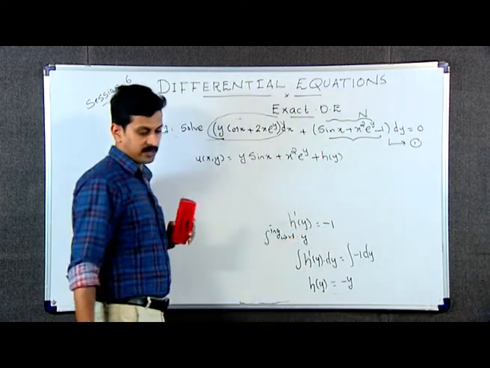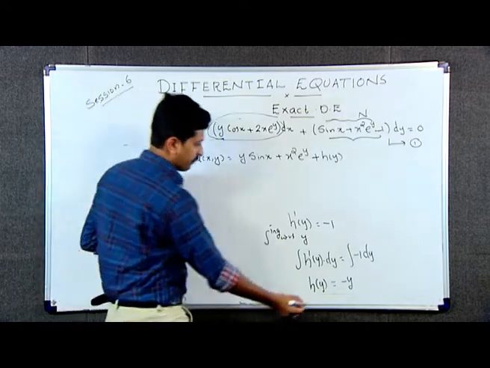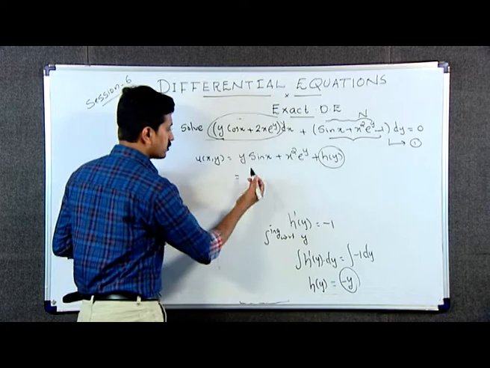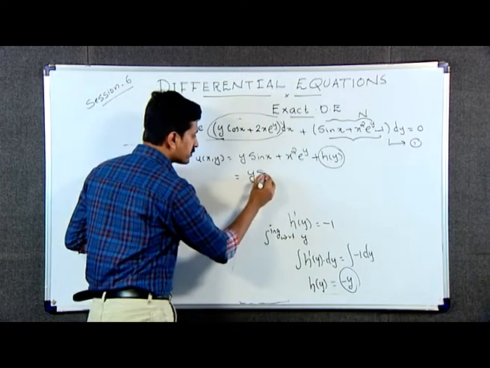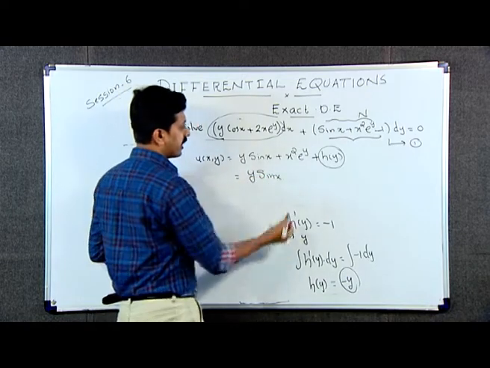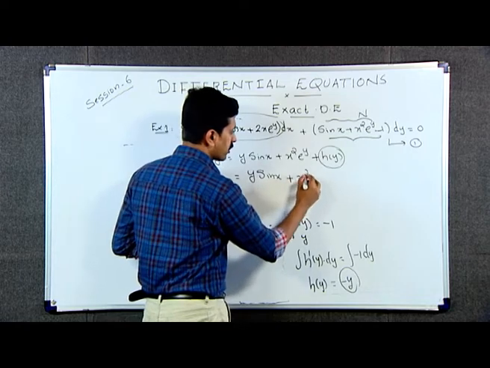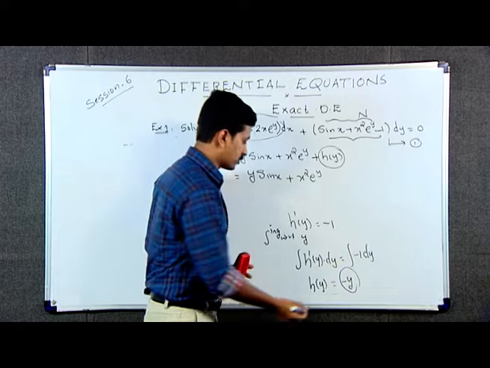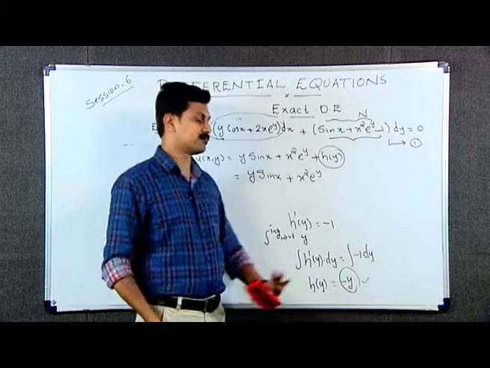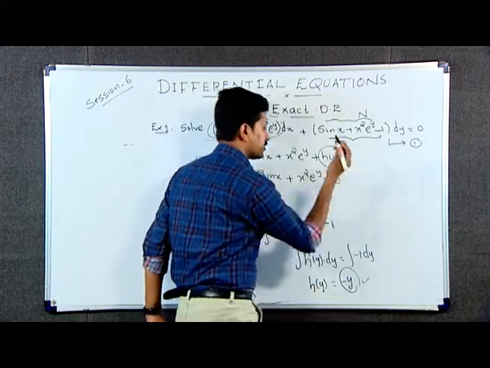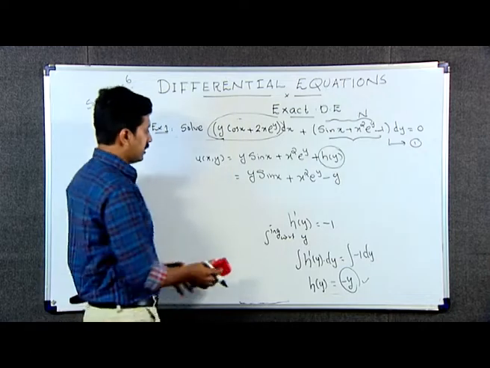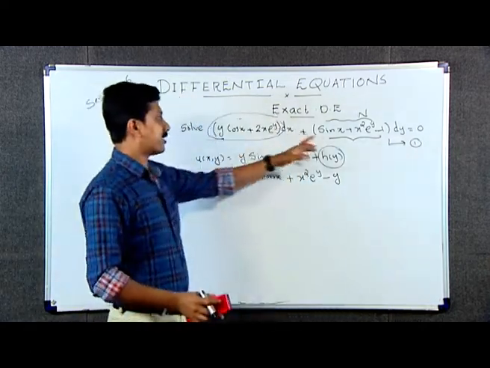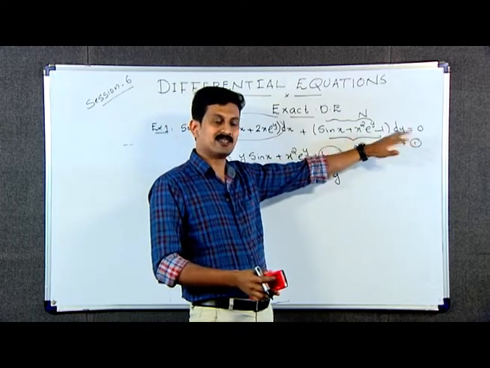Therefore, we are just replacing the value of h of y here. So this is equal to y sin x plus x square e raised to y plus h of y. The value of h of y we already found, that is minus y. This is the solution of the exact differential equation 1.